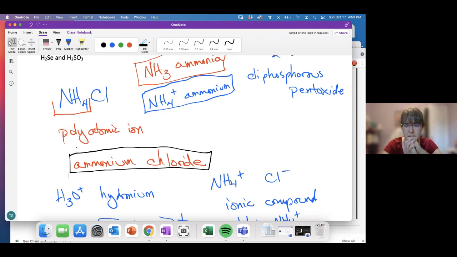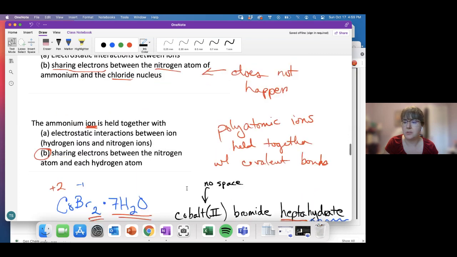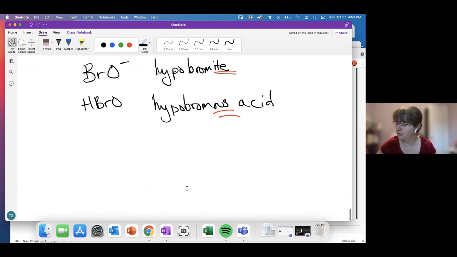Okay, and someone asked what ions should we remember? So in your textbook, there is a flow chart for nomenclature.